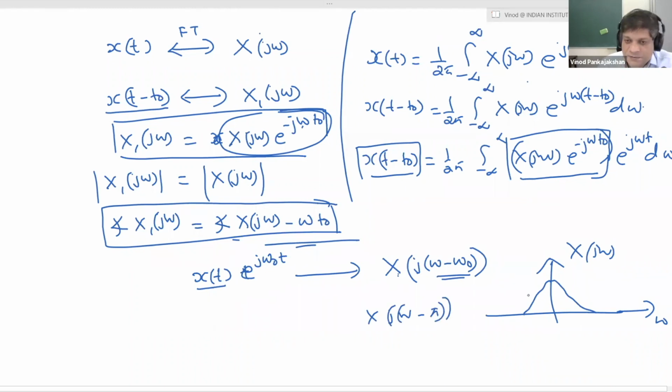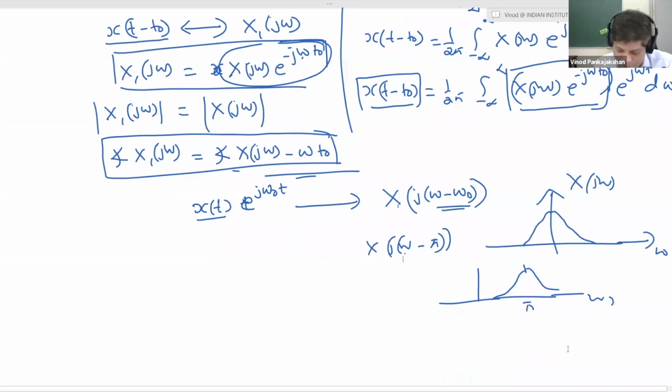Is it a shifted version of this? Is it something like this? It is shifted by a factor of π. So that is the time shifting property.